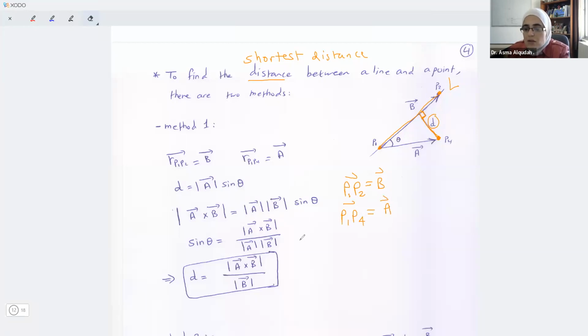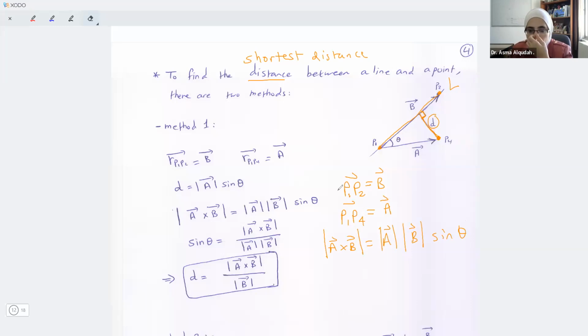Now we find the cross product between B and A, the cross product A cross B, and we take the magnitude of the cross product. This should be equal to the magnitude of A times the magnitude of B times the sine of the angle between them, which is theta.